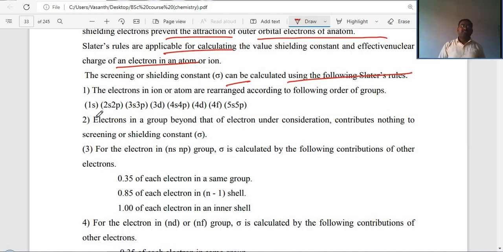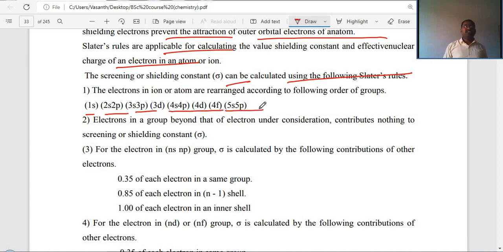Just consider here 1s, 2s, 2p, 3s, 3p, 3d, 4s, 4p, 4d, 4f, 5s, 5p. The electrons in a group behind the electron under consideration contribute nothing to shielding or screening effect.